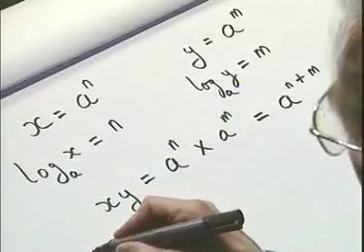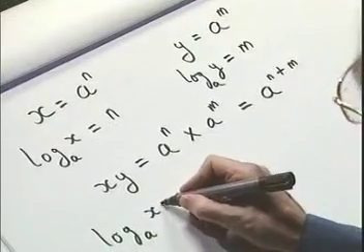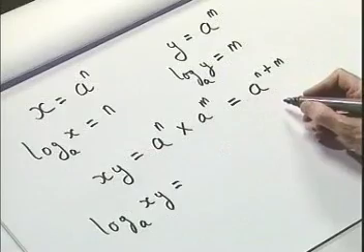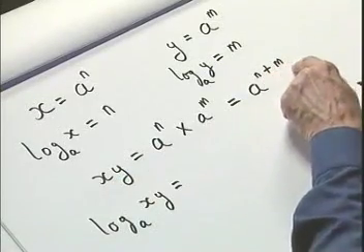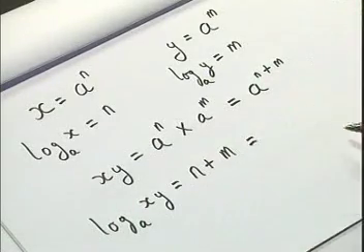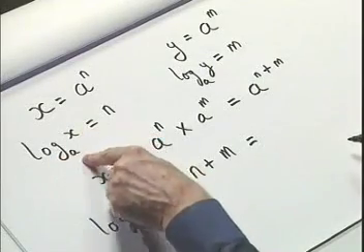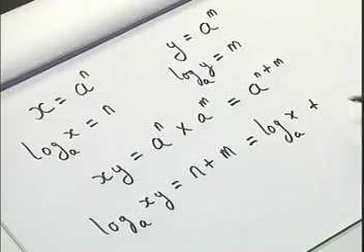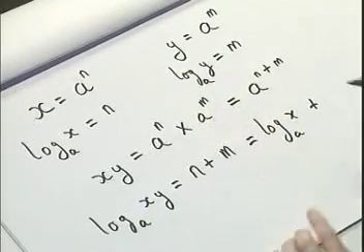So what is the logarithm to base a of xy? Well, quite clearly from the definition we've had, x times y is a to the power n plus m, so the logarithm is n plus m. But n, we know, is the log of x to base a, and similarly, m is the log of y to base a.